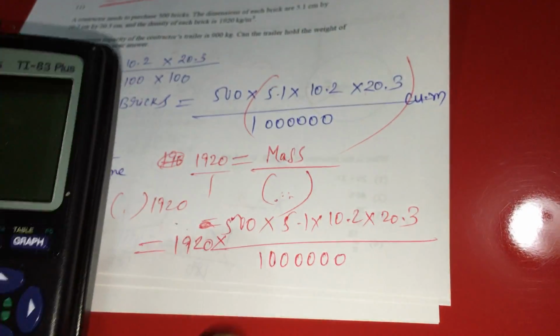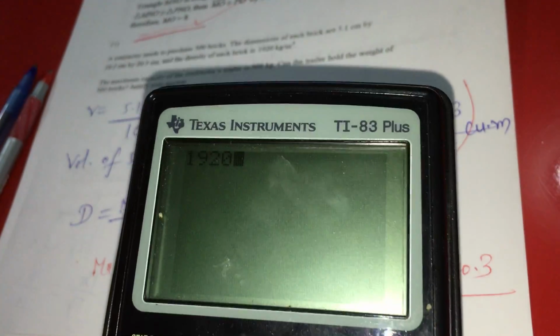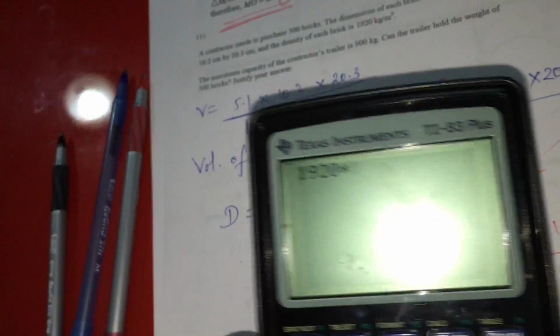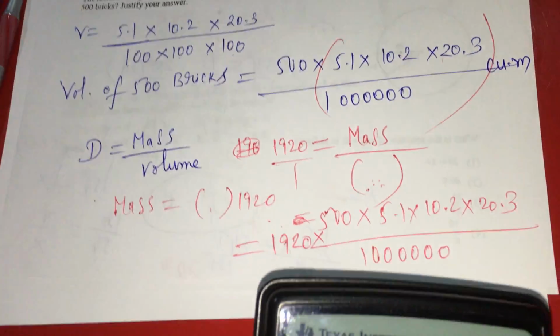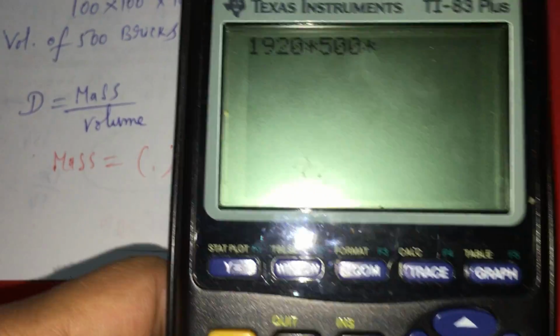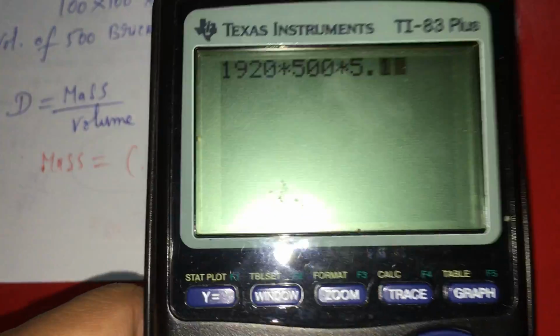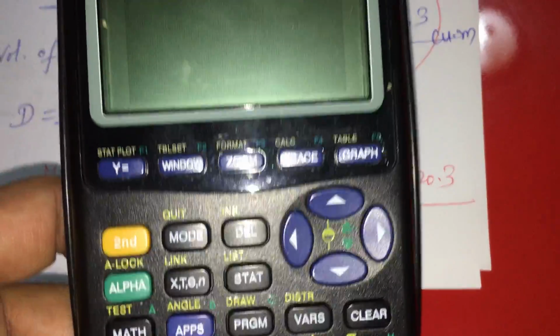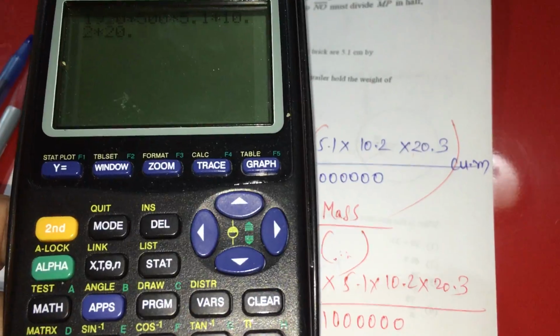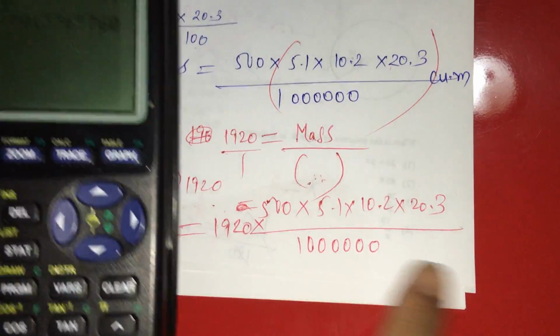I can do this on the calculator. 1920 times 500 times 5.1 times 10.2 times 20.3. I am entering it, and I got a bigger number, so I have to divide by 1 followed by 6 zeros.